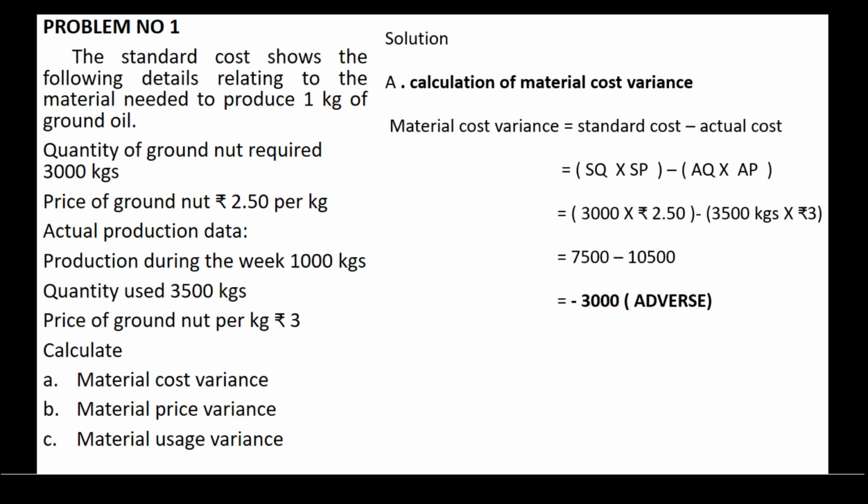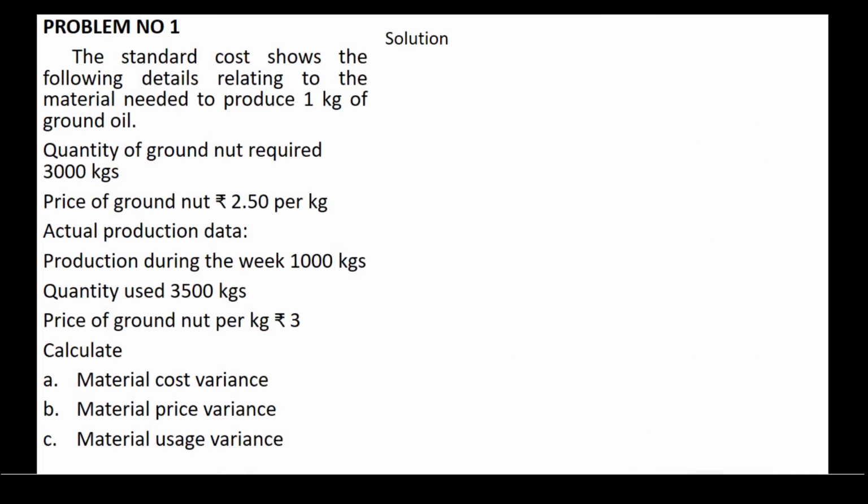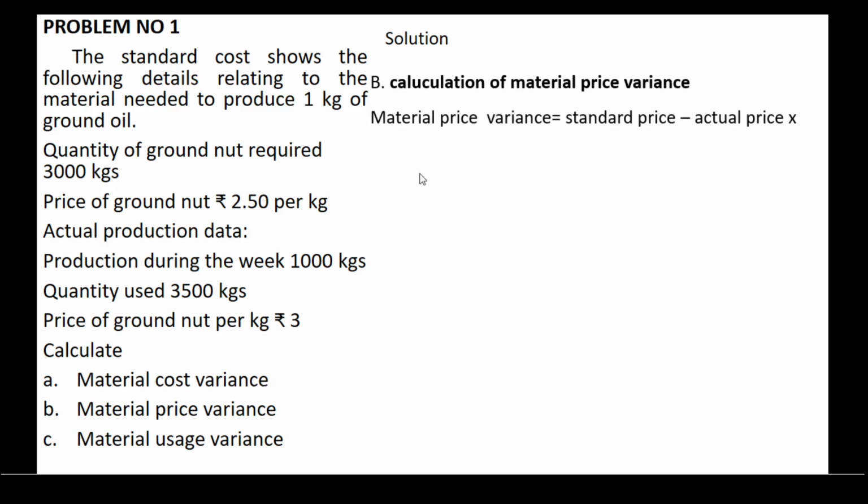And the next one is the calculation of material price variance. The formula for material price variance is standard price minus actual price into actual quantity.